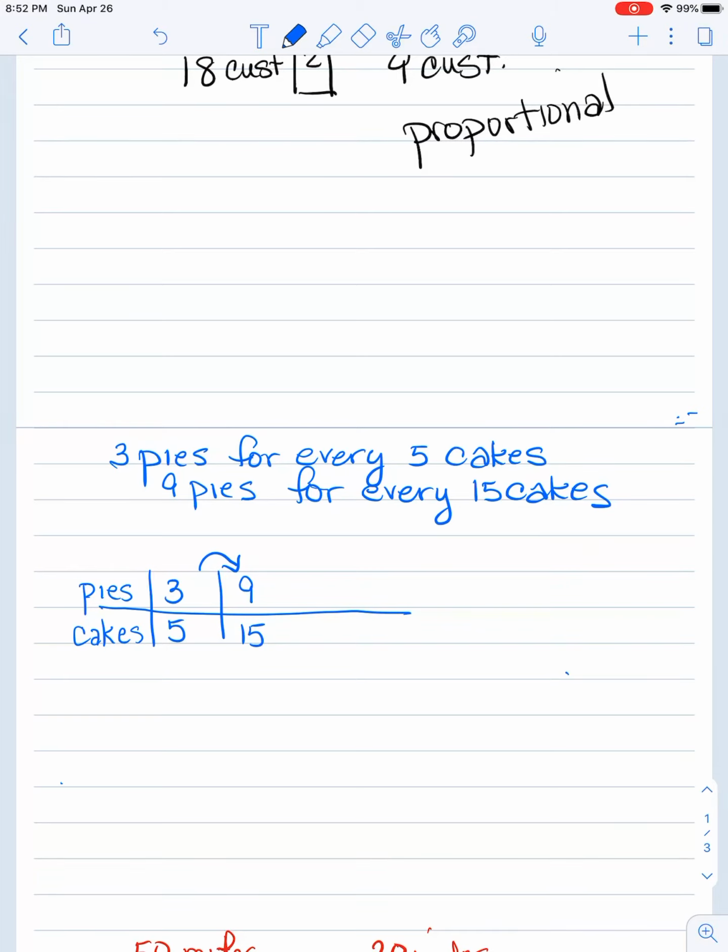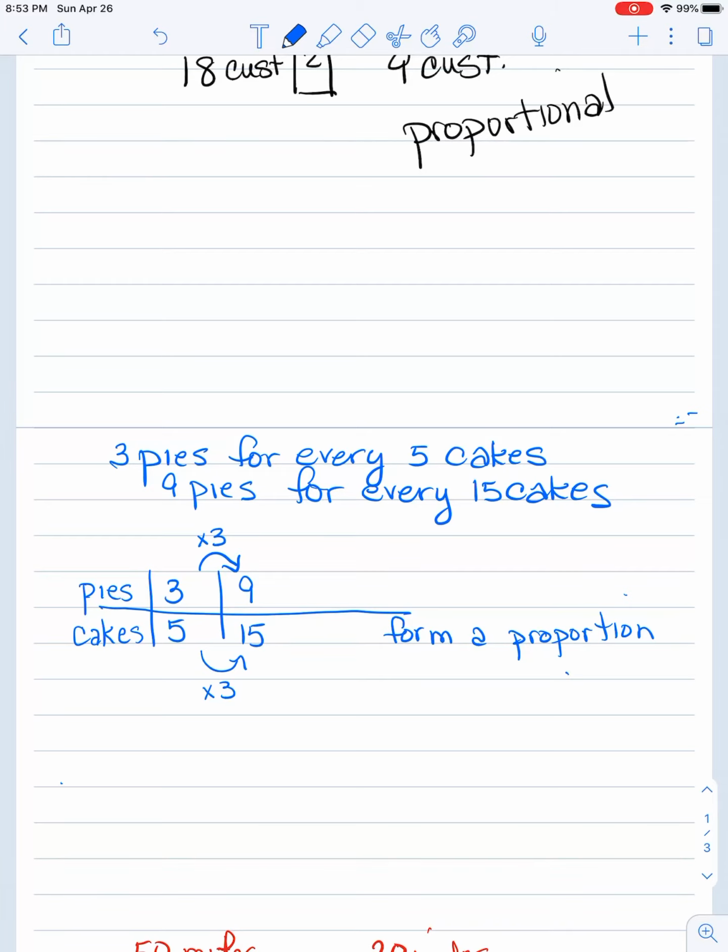Here, if we multiply 3 times 3, we're going to get 9. If we multiply 5 times 3, we're going to get 15. So these do form a proportion because the ratios are equivalent.